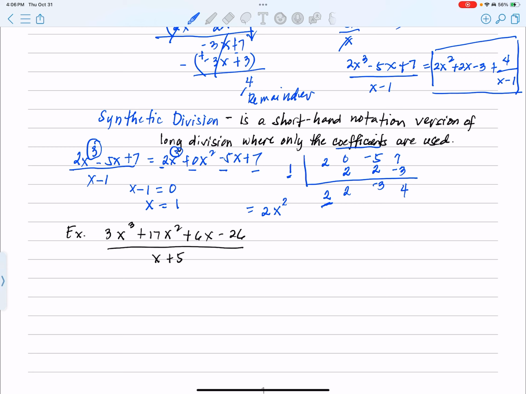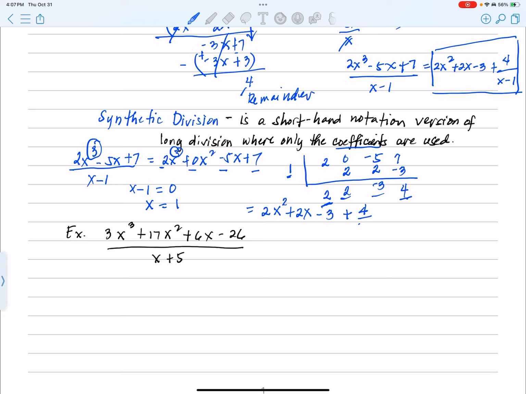Then the next one is 2. So plus 2x to the first power, because this should be in order. Then the next is minus 3. Then the last would be the remainder, 4 over whatever divisor we have, x minus 1.